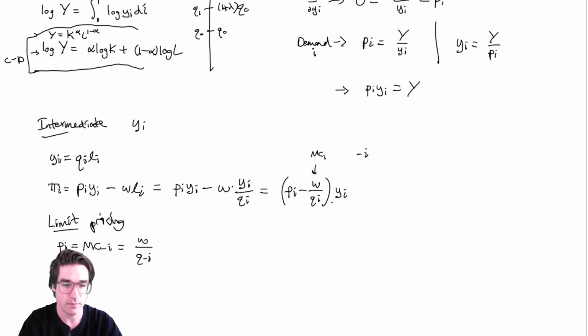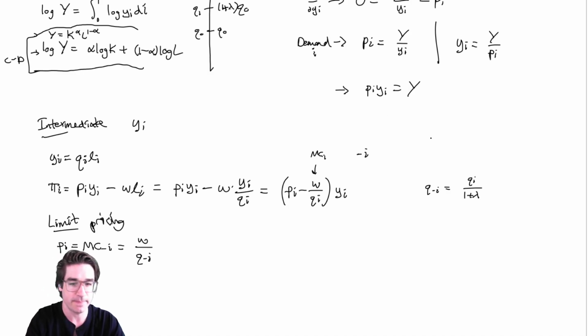Now, what is q_minus-i? That's the firm right behind you. They're going to have your productivity, but a little bit worse, and the factor is going to be 1 plus lambda. Remember, I didn't say this 100% explicitly: lambda is the innovation step size.